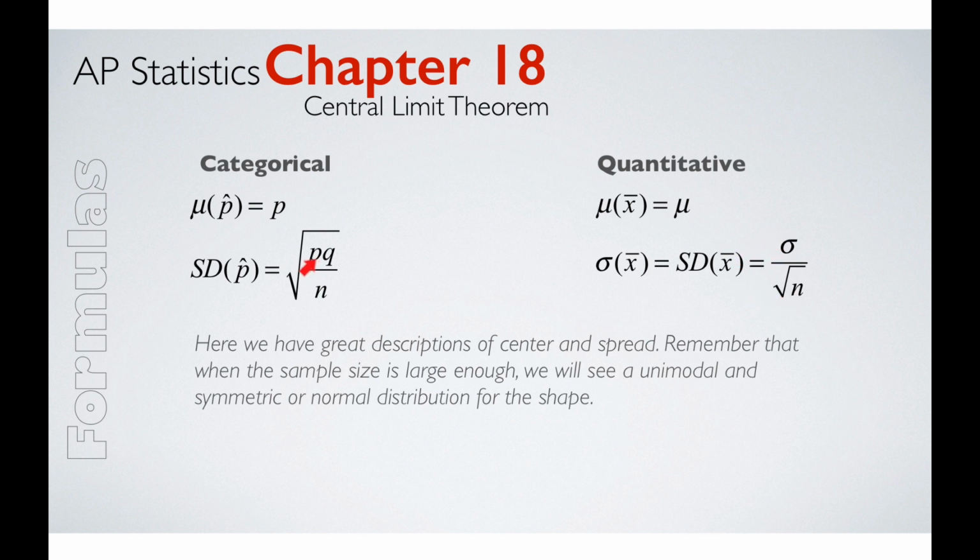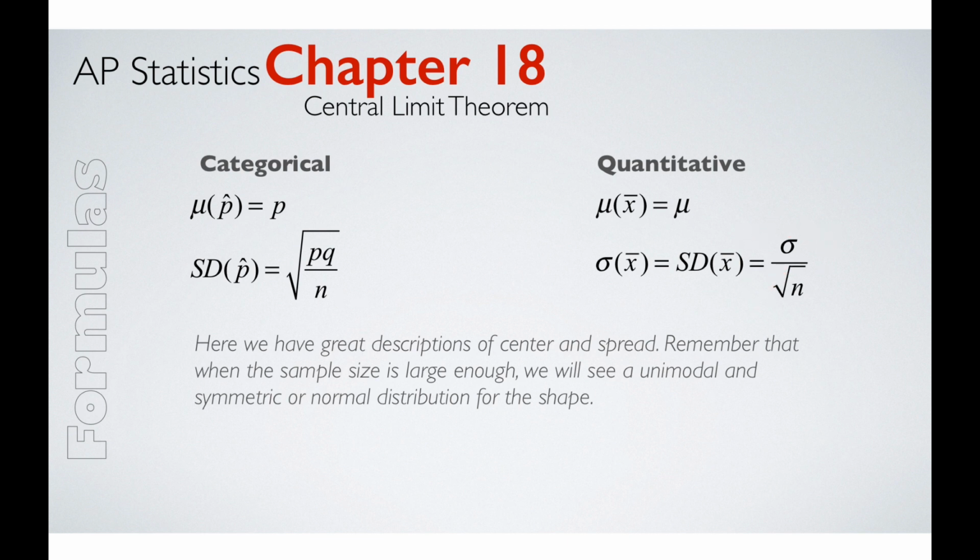P represents the probability of success, whatever that happens to be. You can see the denominator has an N in it. So as the denominator gets larger, the entire value of the fraction gets smaller. As sample size increases, these two numbers are going to get smaller and smaller.